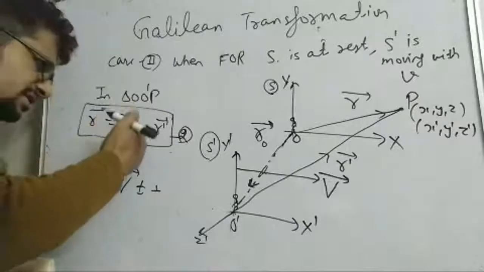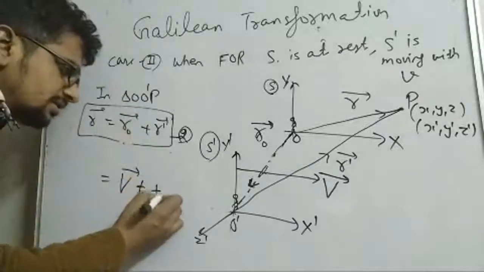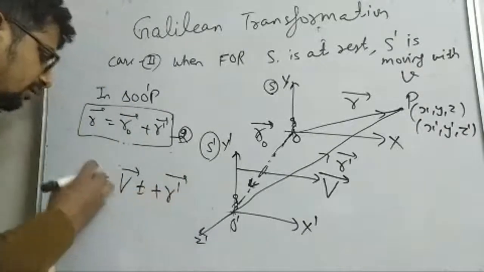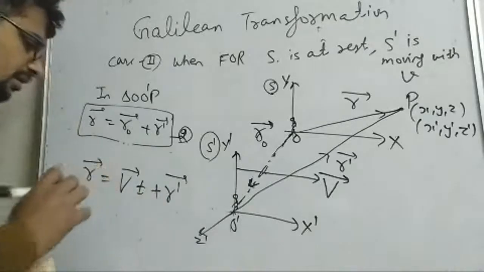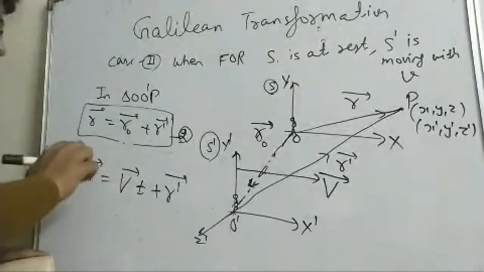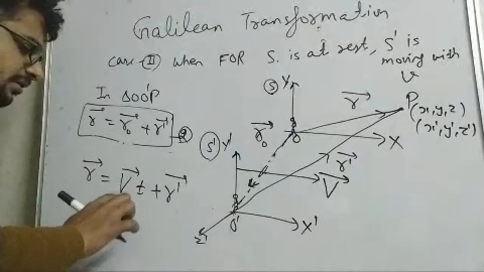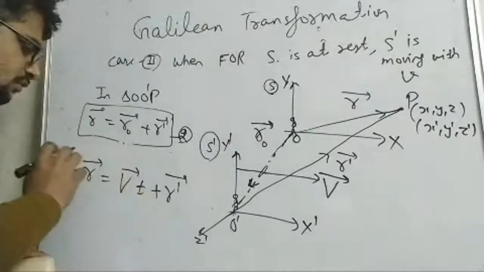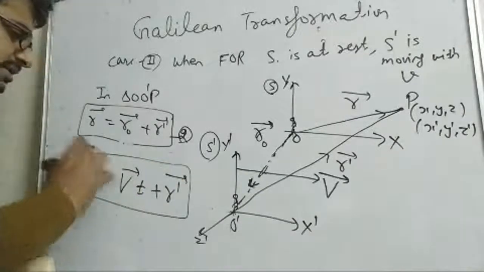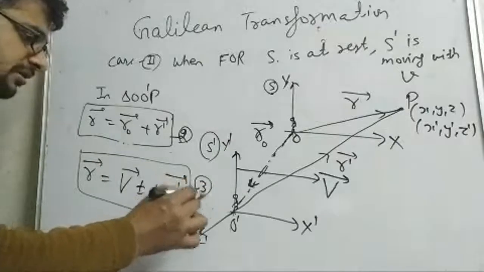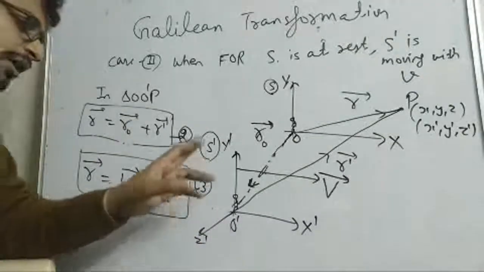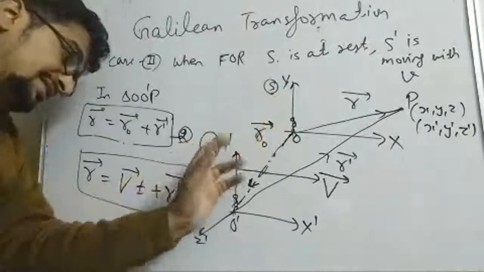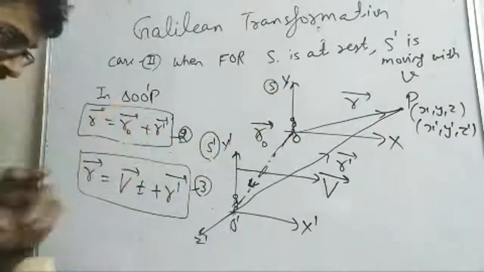This equation can also be written as r vector equal to v vector into t plus r dash vector. It is the third equation, and it is a third relationship between both frames of reference S and S dash.